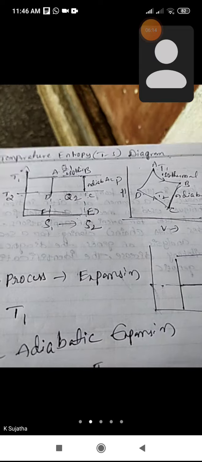Now we have to calculate the efficiency of this process.